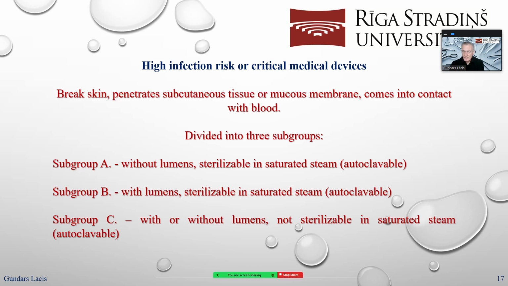And the last one, subgroup C, without or with lumens, but it's impossible to sterilize in saturated water steam because of temperature. It means these subgroup C instruments will be damaged if they are sterilized in saturated water steam because of temperature. And this subgroup C is also called the highest risk medical devices.